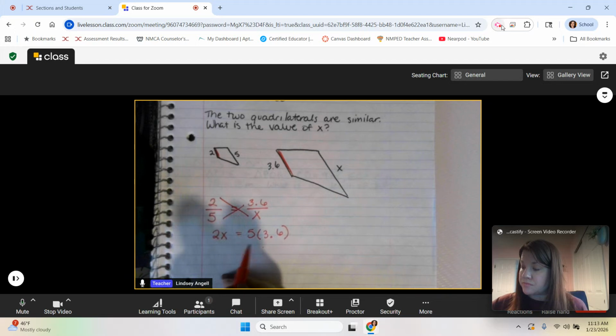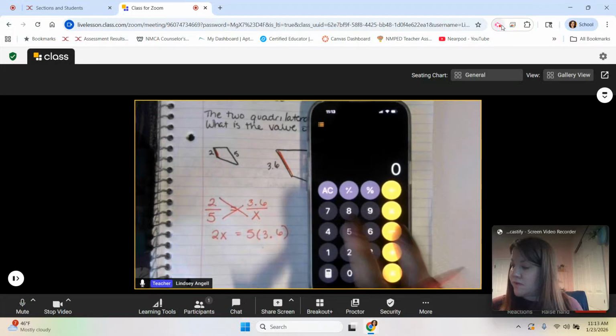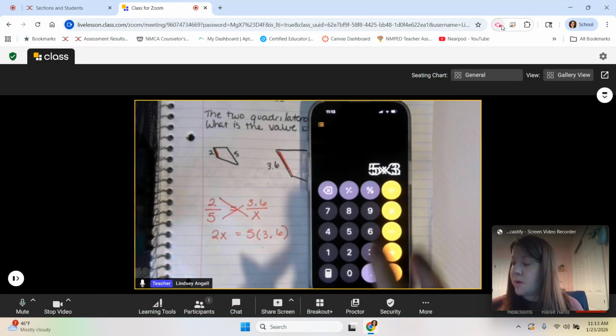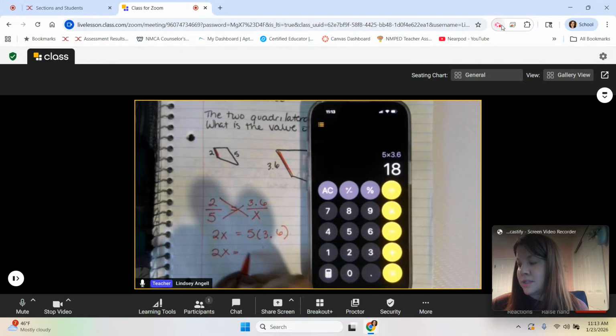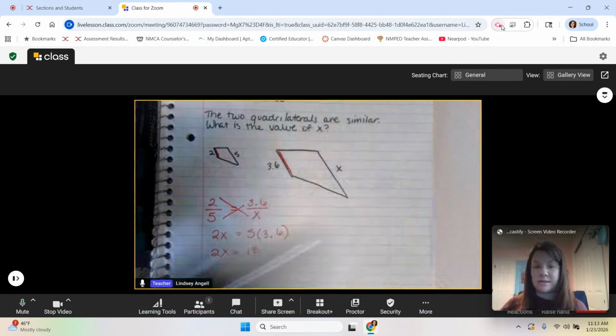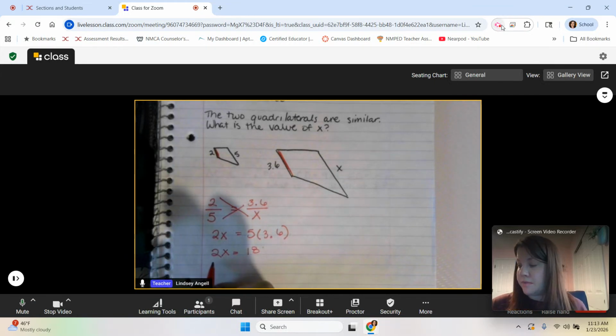So let's see, 5 times 3.6, let's try that. Ooh, that gives me a nice pretty number, I like that. 2x equals 18. Well, divide both sides by 2.